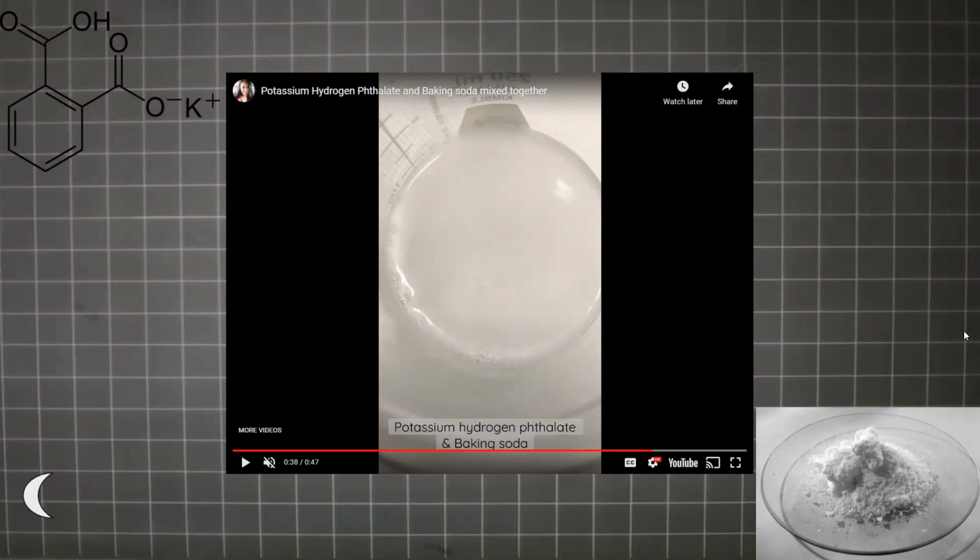And because of the lack of reaction, we can assume that potassium hydrogen phthalate might be a weak acid, because it might not have completely dissociated, or completely released all of its hydrogen ions into its solution before being mixed.